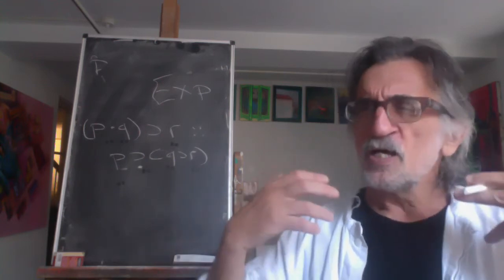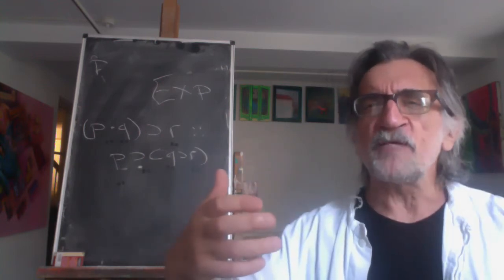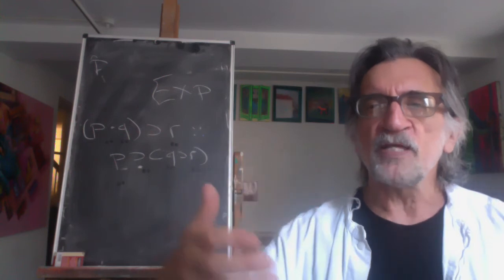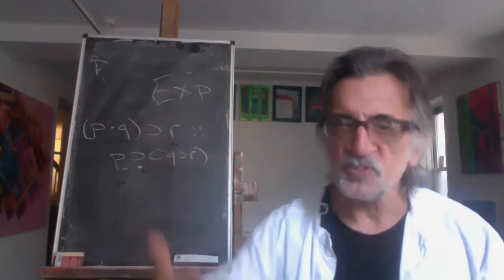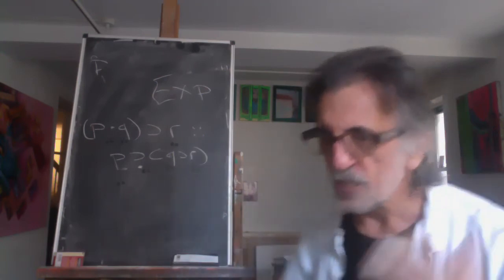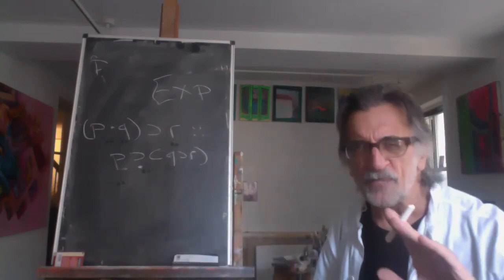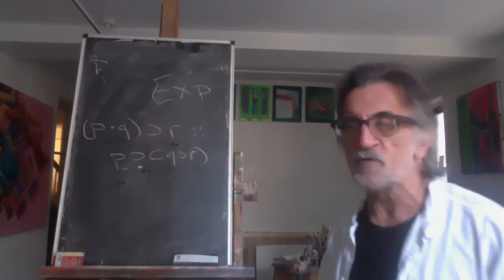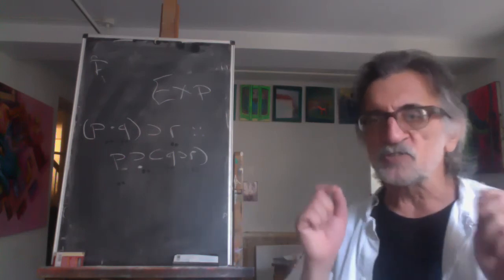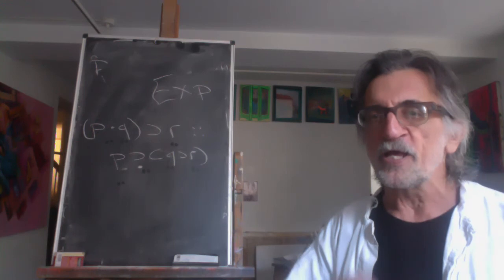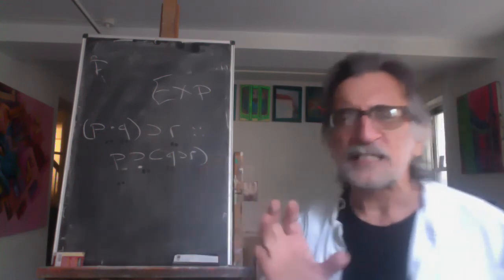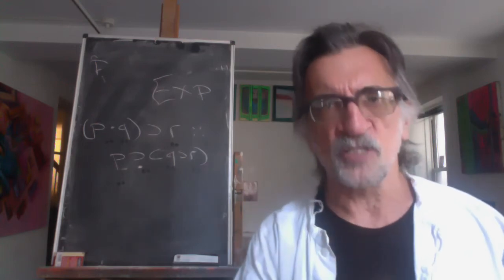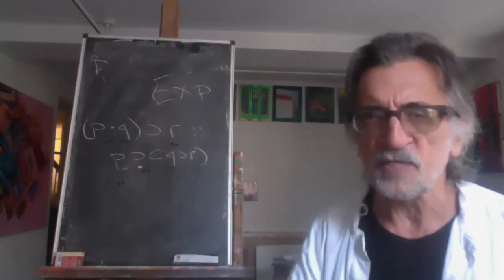Come up with your own P, Q, and R, put them in, see how obvious the exportation rule is, okay? And then I think I can guarantee you'll have no trouble remembering it. It's that straightforward and that's significant. And it doesn't get used as often as the conditional exchange does in a typical proof.